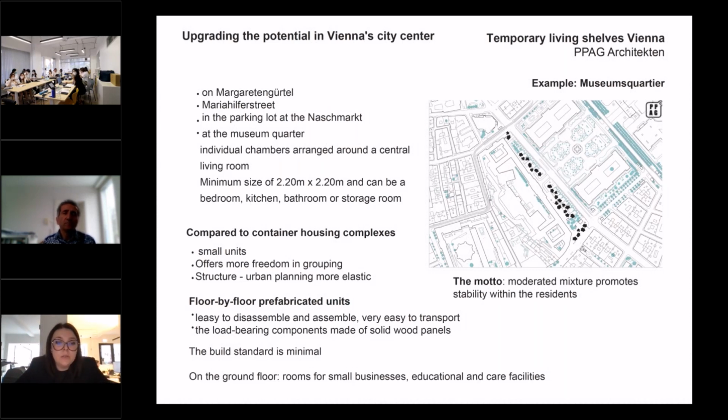Compared to a container housing complex, they have small units. They offer more freedom in grouping and structure, and are more elastic in urban planning. They also have a motto that moderated mixtures promote stability within the residents.